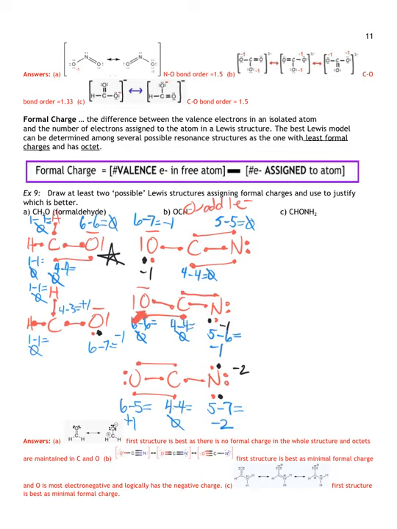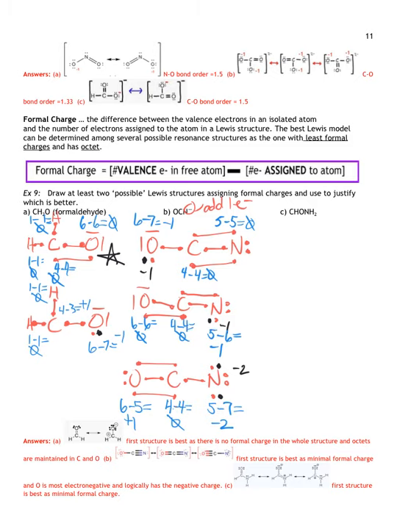Remember, oxygen has a greater Zeff value. Over here, there's way too much charge. There's a charge on the oxygen here, +1. And then there's a charge of -2 on the nitrogen. So this structure is actually the worst of the 3 structures.